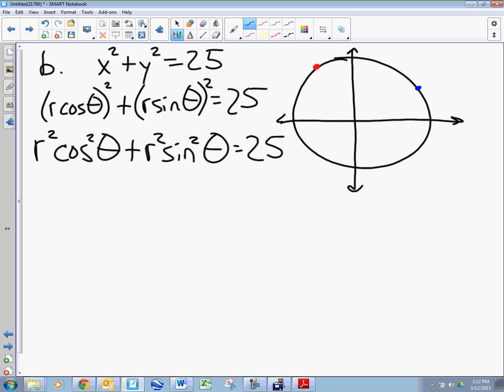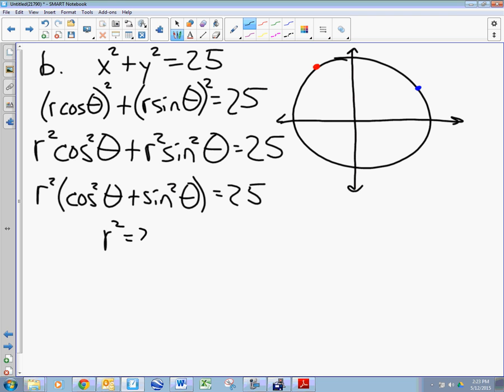Anybody see a little trick I can do here? Sine squared plus cosine squared is 1. R squared is 25, so therefore r is 5. And we said at the beginning that the radius will always be 5, and that it doesn't matter what theta is. Theta can be any value.